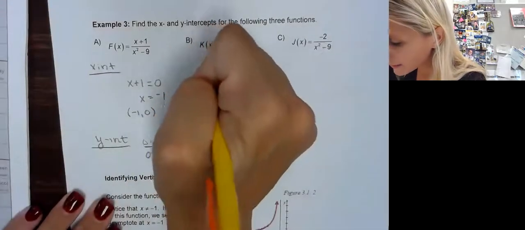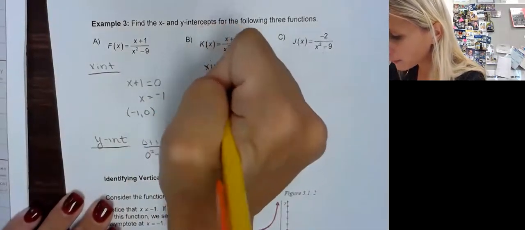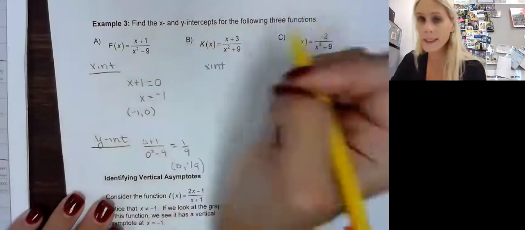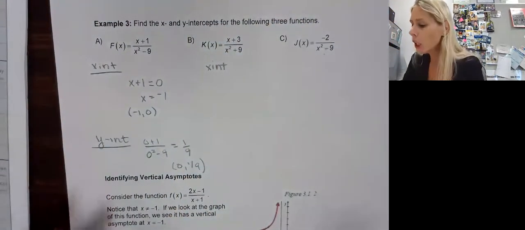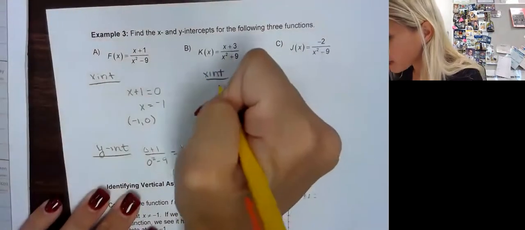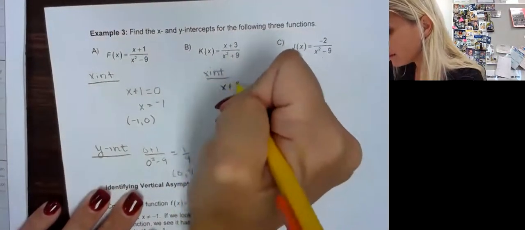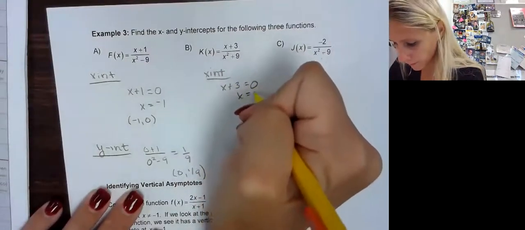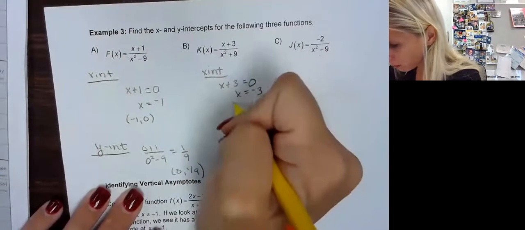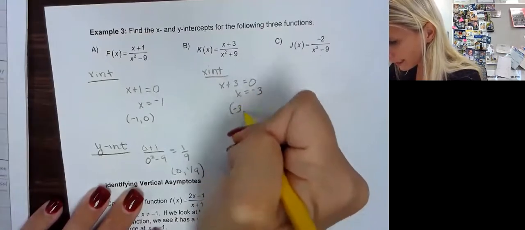Okay, x-intercept. Let's remember that, by the way, x squared plus k, like on the other side, has no restrictions. We're all good. So I take my numerator, set it equal to 0, and solve. So our intercept is -3, 0.